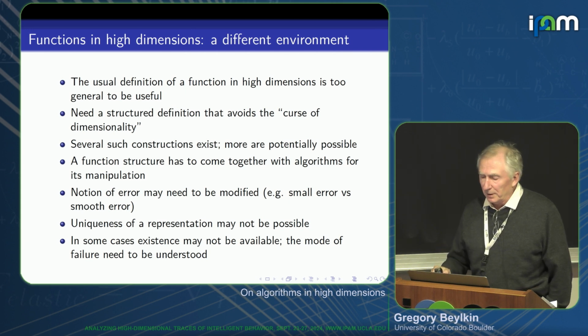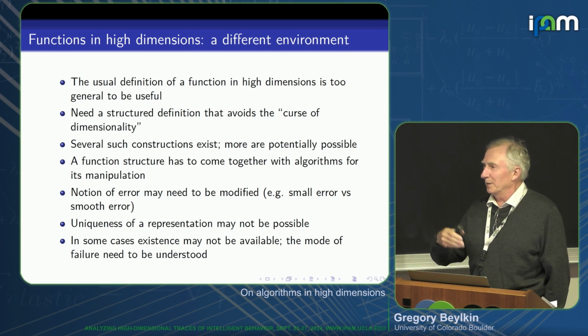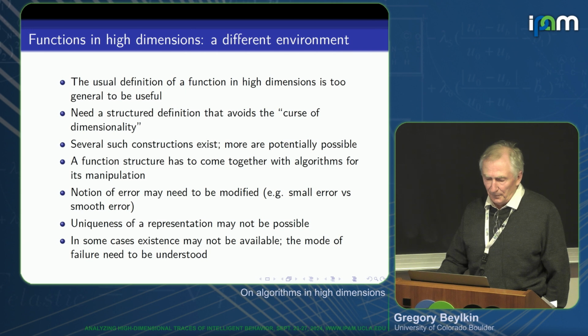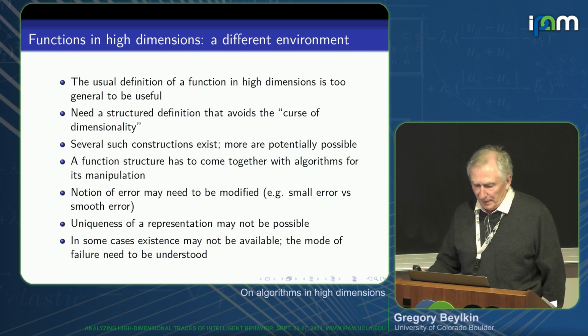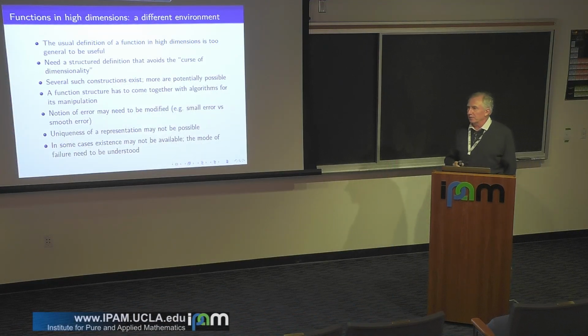Now, with a structure come algorithms, because you can invent a structure, but without tools to manipulate it, it's quite useless. So when you go to functions in high dimensions, you may have to change a lot of things. The notion of error may have to be different.